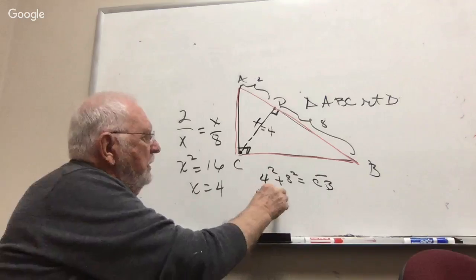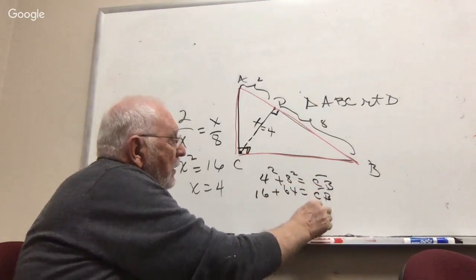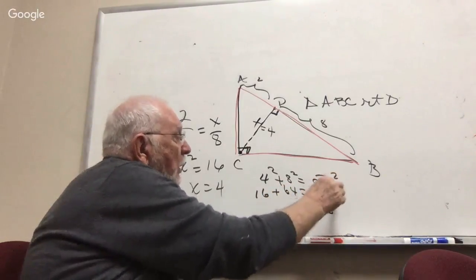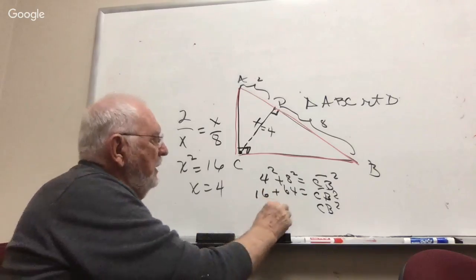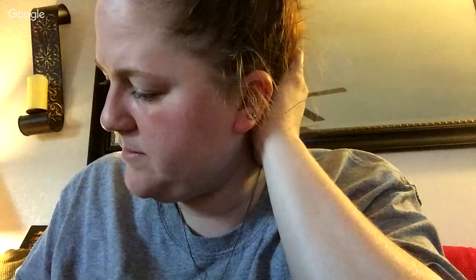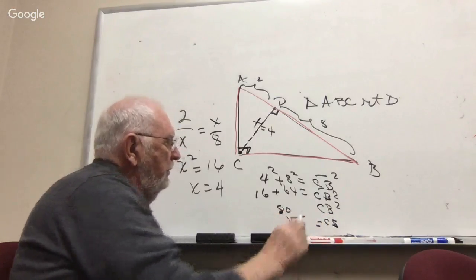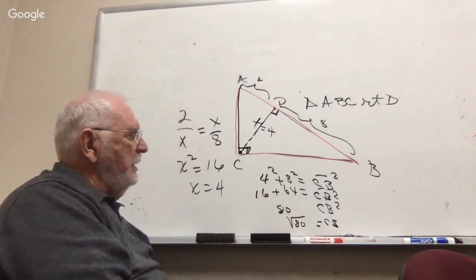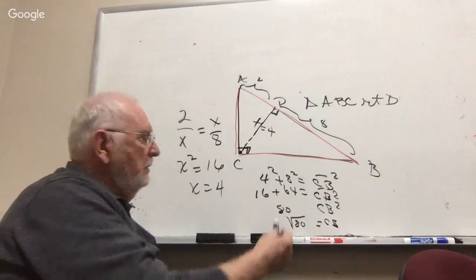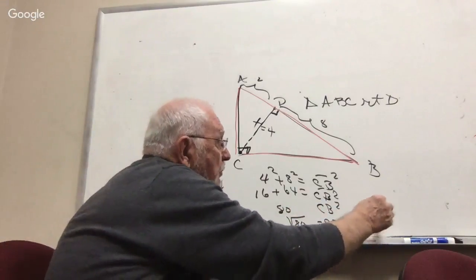So 16 plus 64 is equal to CB squared. So this adds up to be 80, right? So CB then turns out to be the square root of 80. And 80 is 16 times 5. So that's the same thing as 4 times the square root of 5.